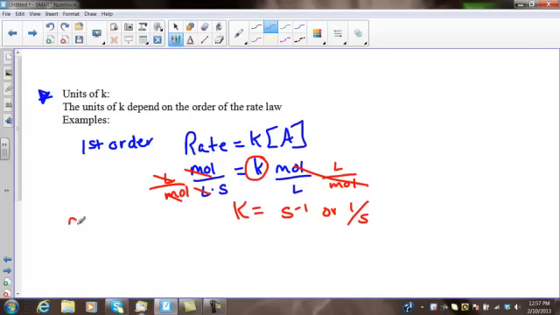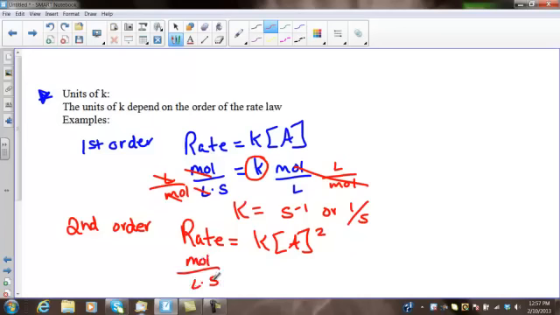If I have a second order reaction, which has the form of rate is equal to K times the concentration of A squared, then I have moles over liters dot seconds equals K times, and since this is A squared, moles squared over liters squared.